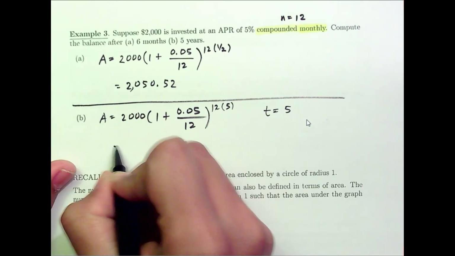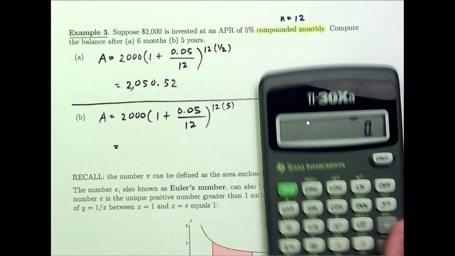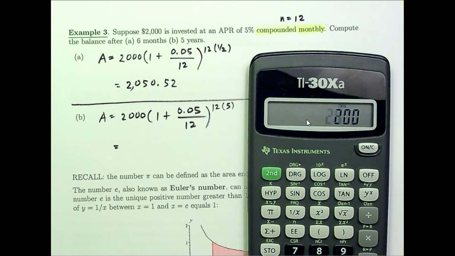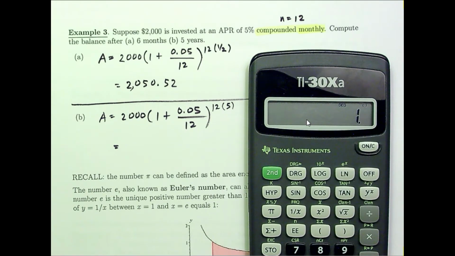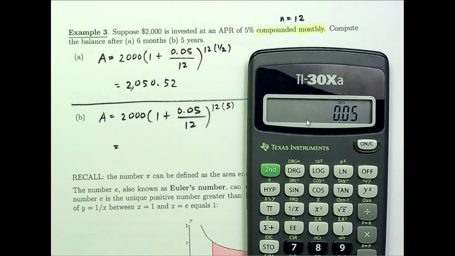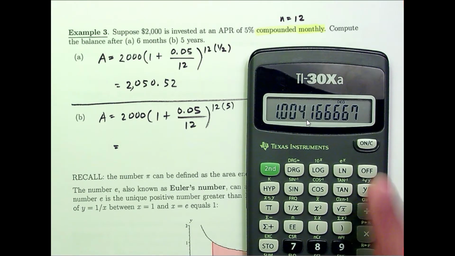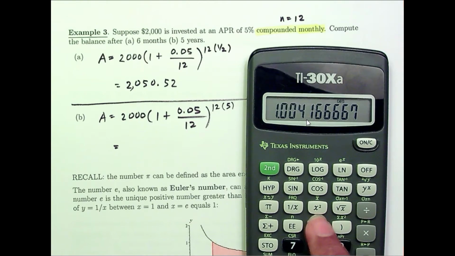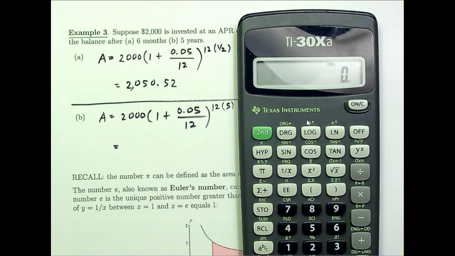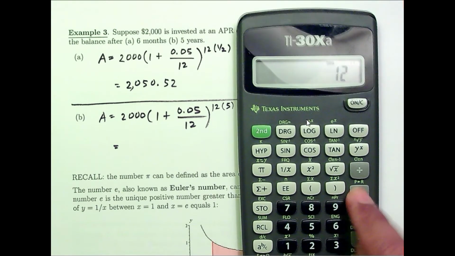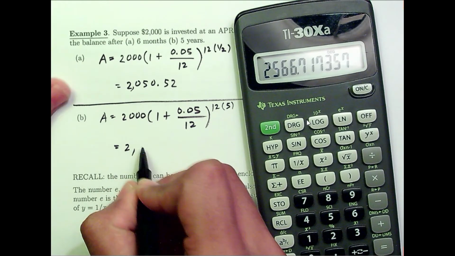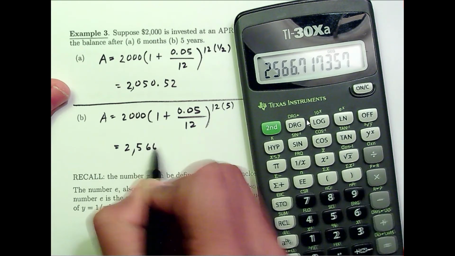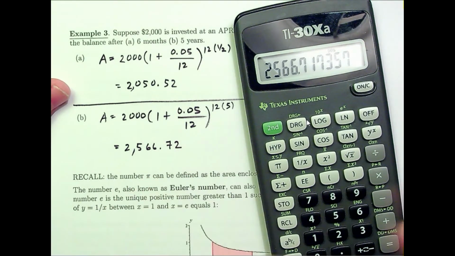Now let's put this in the calculator. We're going to get 2000 times parentheses 1 plus 0.05 divided by 12, close parentheses, to the, now remember, in this cheap calculator you have to put parentheses for the exponent, 12 times 5, which is going to be 60, and then this is 2,566.72, rounding to 2 decimals.